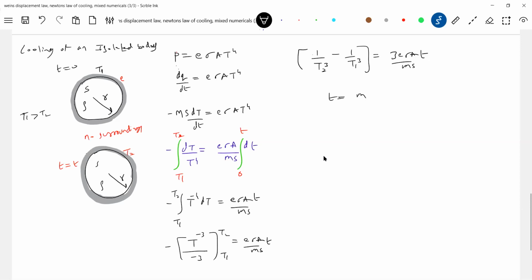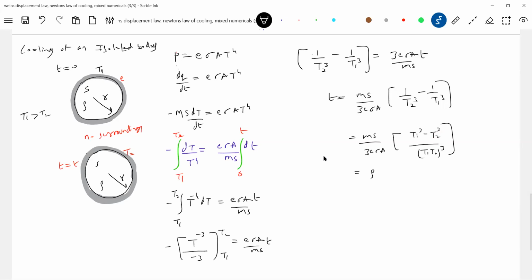Let me write it in proper form: t equals m s by 3 E sigma A times that difference. Now, what is m? m will be density into volume, 4 by 3 pi r cube.